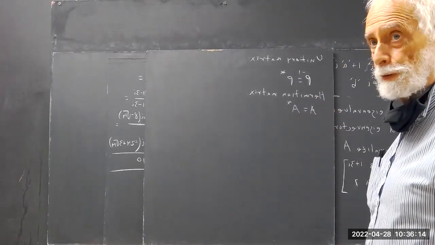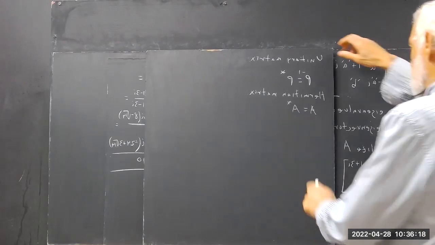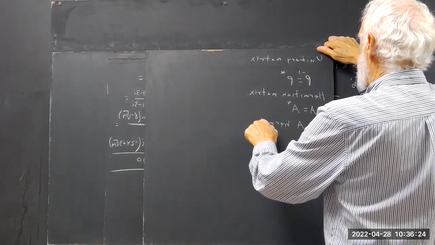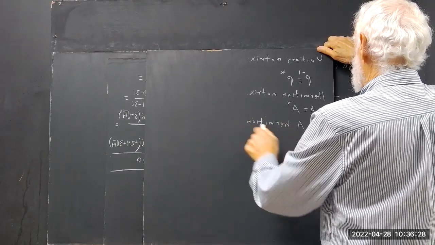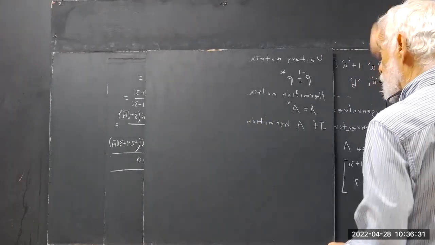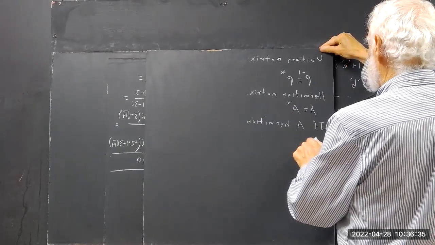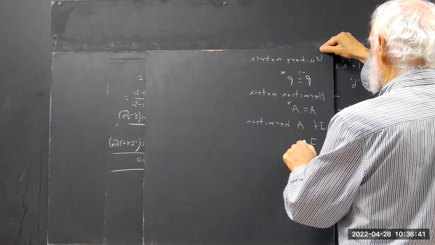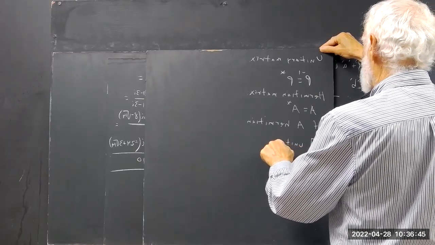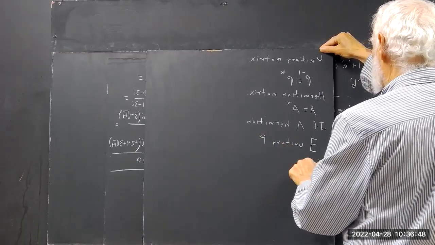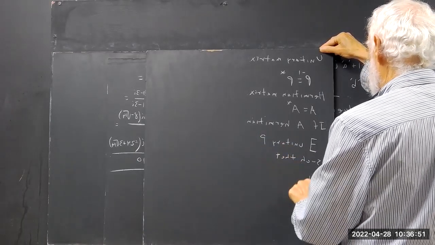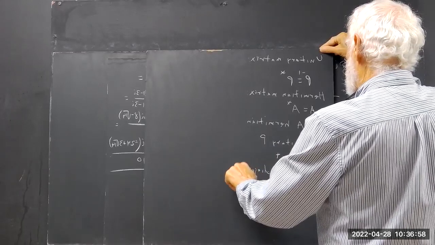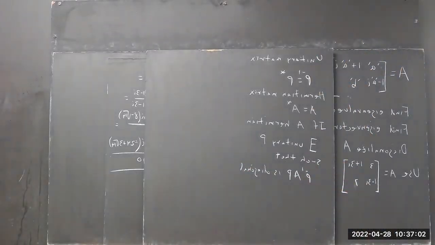For a Hermitian matrix, the matrix itself equals A star. If A is Hermitian, there exists a unitary matrix P such that P inverse AP is diagonal.